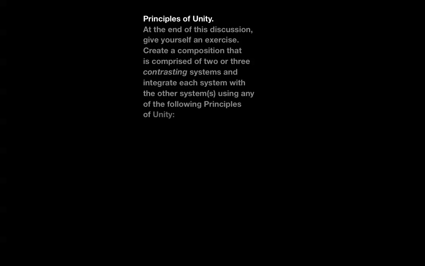At the end of this discussion, give yourself an exercise. Create a composition that is comprised of 2 or 3 contrasting systems, and integrate each system with the other systems using any of the following principles of unity.